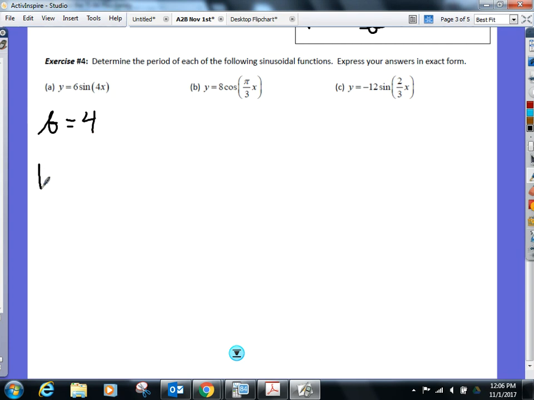Here we go. Period now will be 2 pi divided by, what was the frequency, Braden? 4. I would like you to reduce it if you can. All right, 2 pi over 4 reduces down to pi over 2.